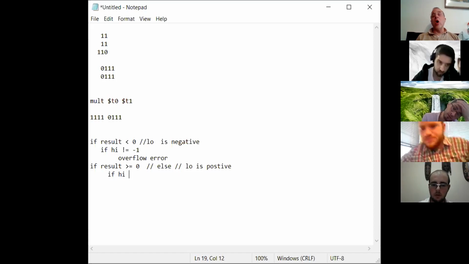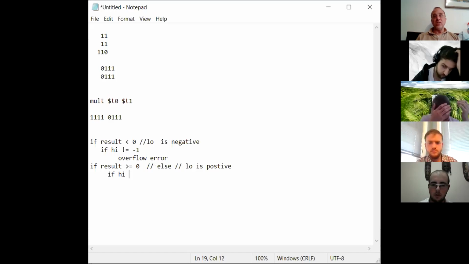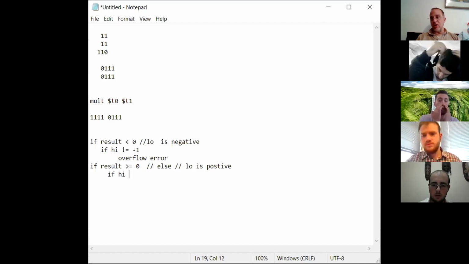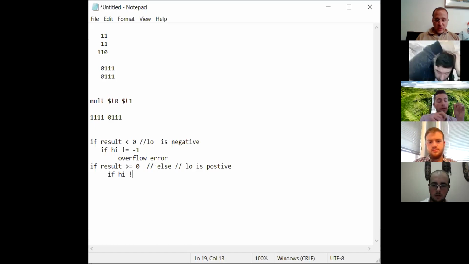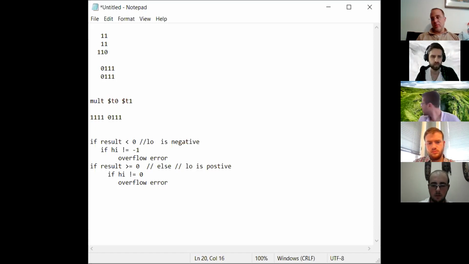The high has to be only sign bits. What are sign bits? Sign bits are all zeros for a positive number. So if the high is not equal to 0, then overflow error. So that's your algorithm.